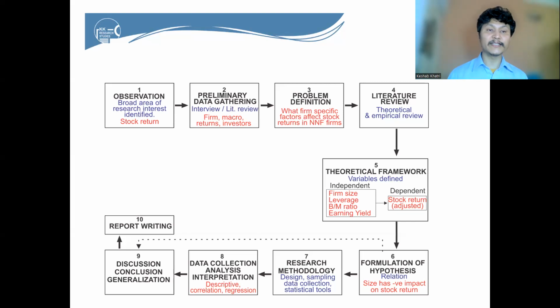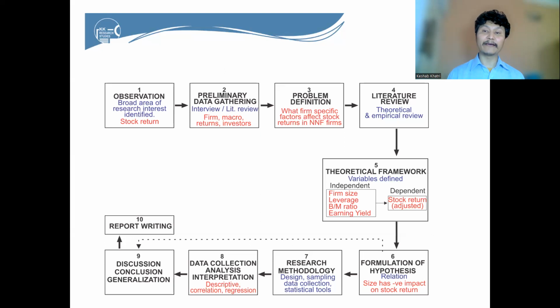And the most important thing is that we are going to identify ourselves, in terms of philosophy, whether I'm a positivist or a post-positivist, an interpretivist, or a constructivist. So my philosophical stand has to be cleared in this research methodology.